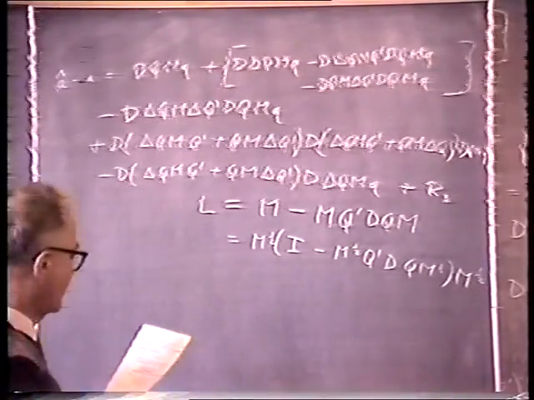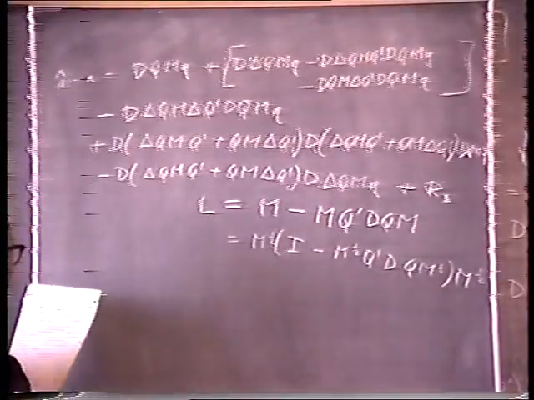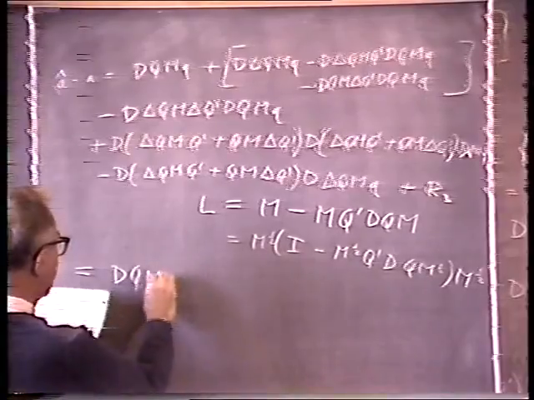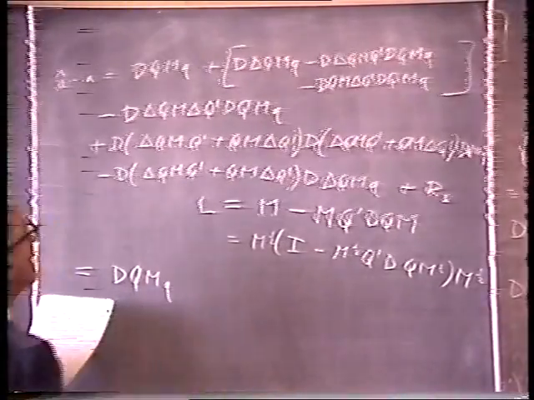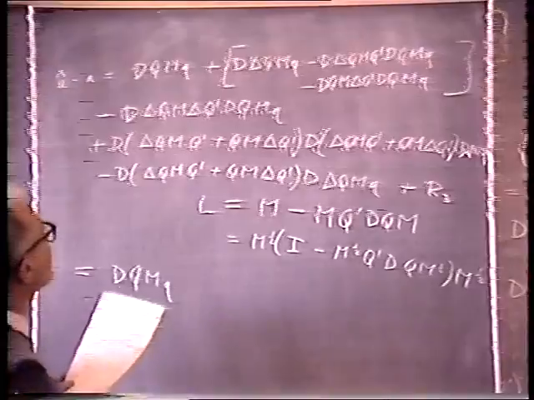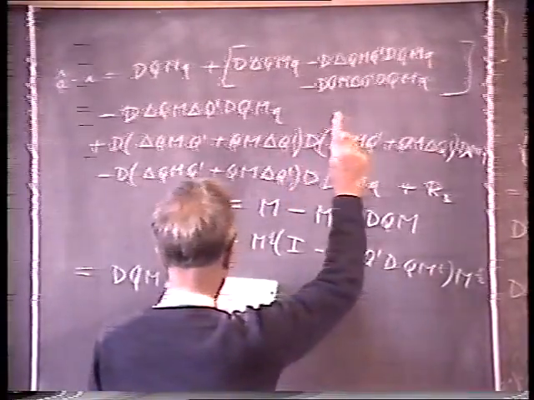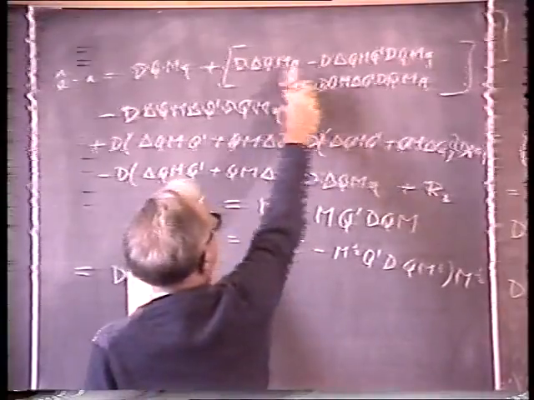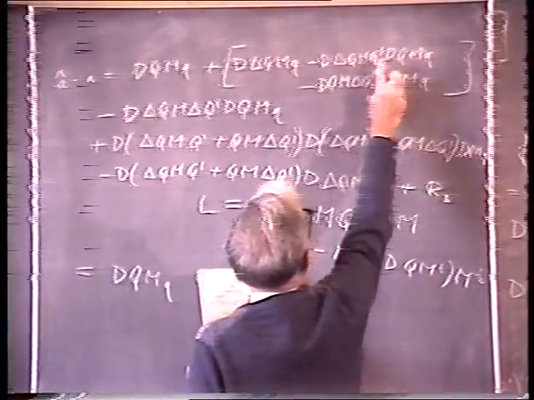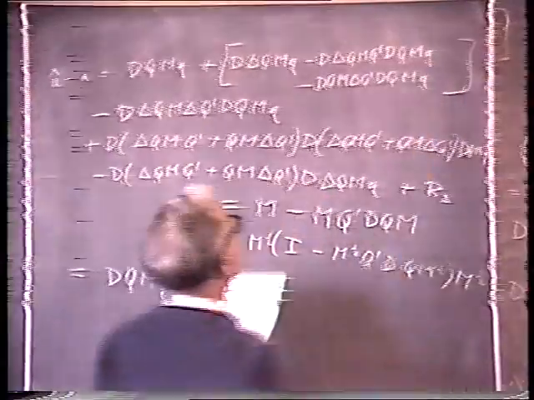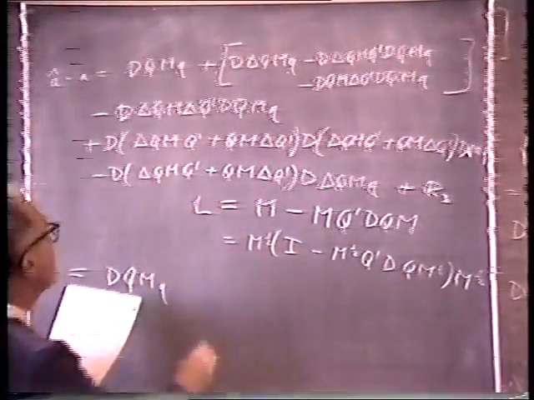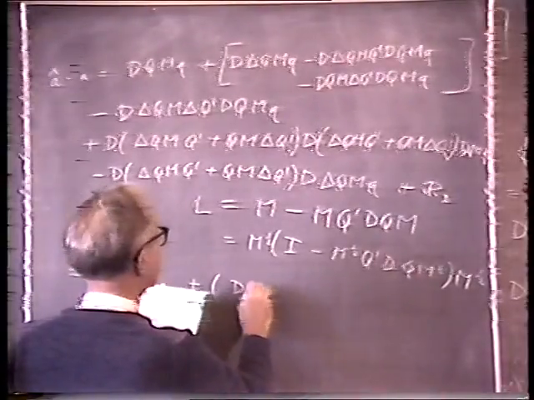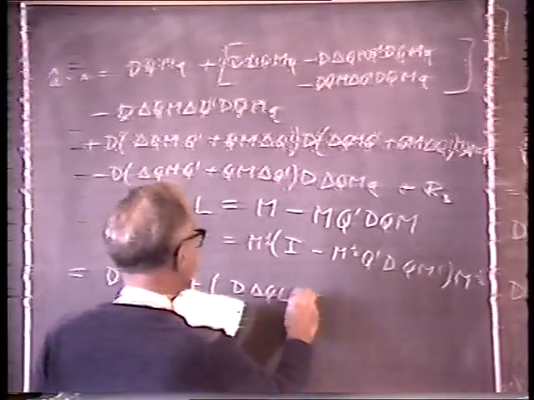What we can then pick out is that you can, again, I'll leave you to check up that this goes through quite well. But for example, here we have m minus m q prime d q m, which is your L matrix, so that this can be written with only two terms, d into delta q LQ.